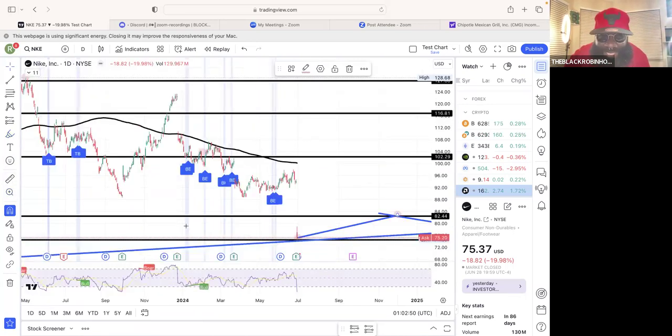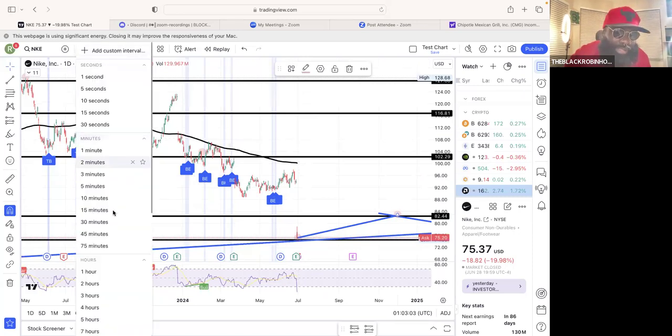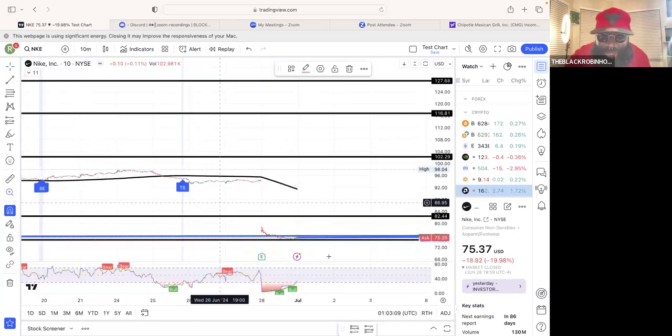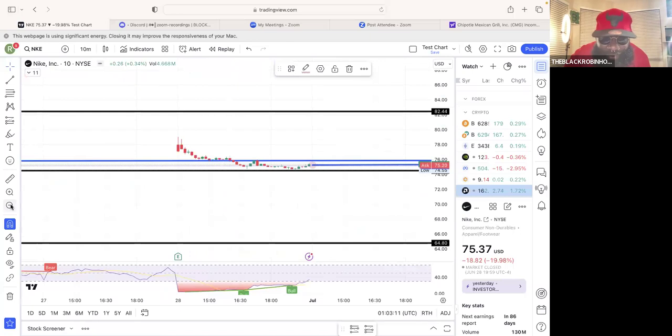More defined details. So on the daily, you're not going to see much because Nike gapped down from 94 all the way down here. So if you want even more details now, you got to go down to, let's say, 10 minute. And the 10 minute is going to give you detail, right?